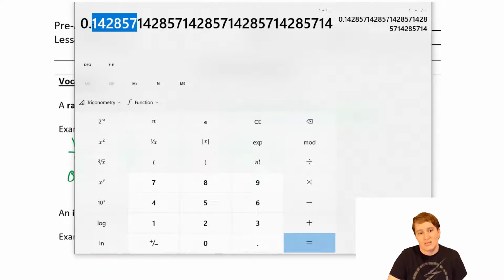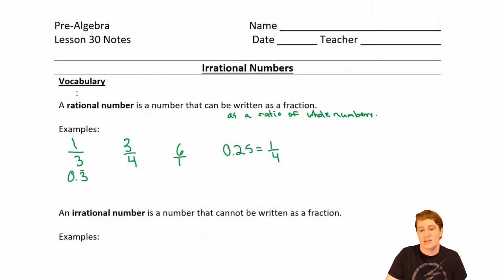So it takes 6 digits before it repeats. 1 over 7 is a fraction, which means it's a rational number. But even looking at it as a decimal, if we were willing to go through the effort to write out enough decimal places, we would say, oh, this repeats, so this has to be a rational number because it has to be able to be written as a fraction.